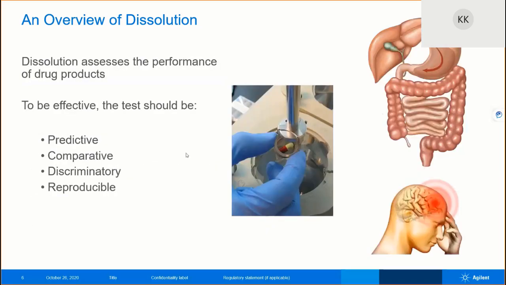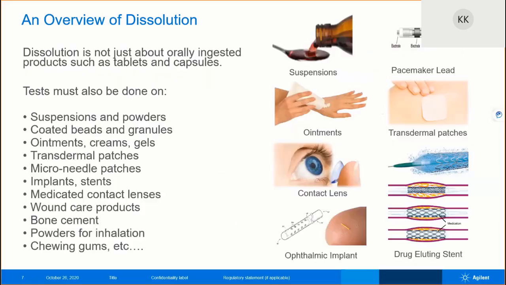Dissolution, as I said, assesses the performance of drug products in your body, or we try to mimic it here in the vessel. And to be very effective, the test should be predictive, comparative, discriminatory, and reproducible. So these are the goals we are aiming for.